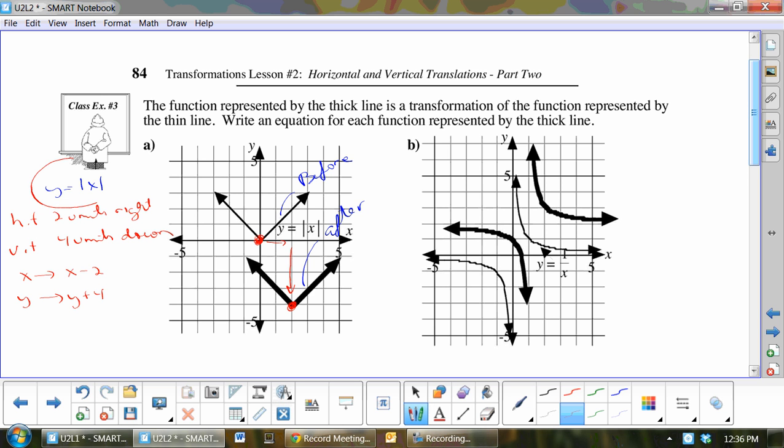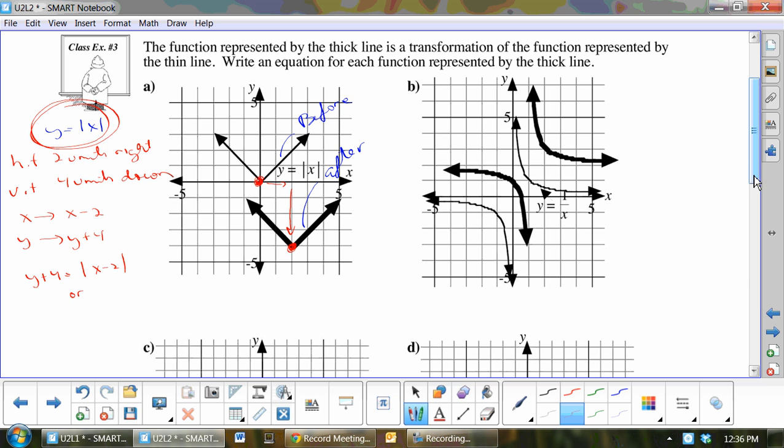Okay, now if this is the original equation right here, what would be the new one? Absolute value. Oh. No, we don't have the f of x because we actually have an equation this time. Okay, good job. And you don't have to guess on this, just graph it and it should look just like that.